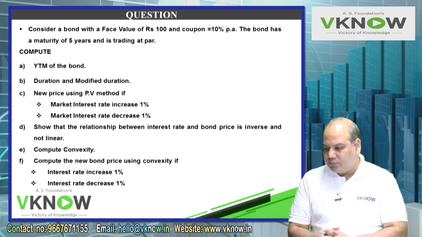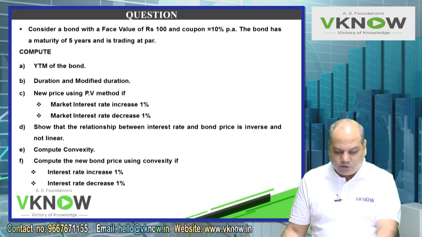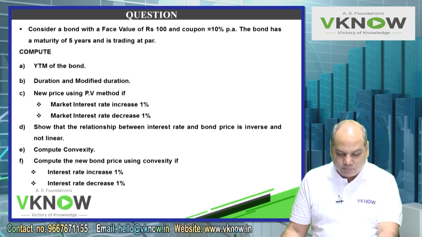Consider a bond with a face value of rupees 100 and coupon equal to 10% per annum.